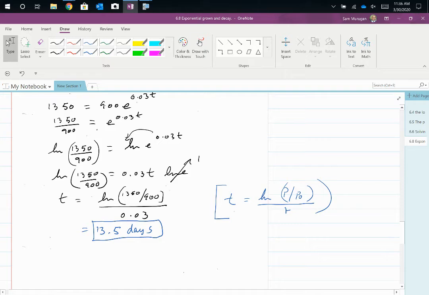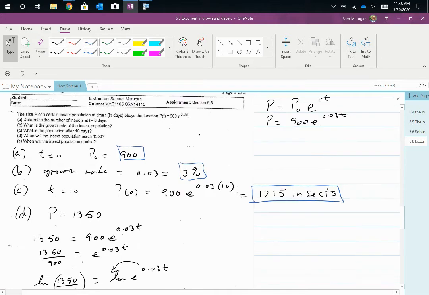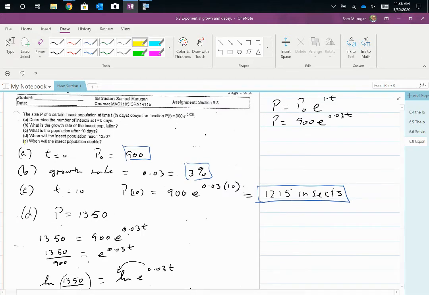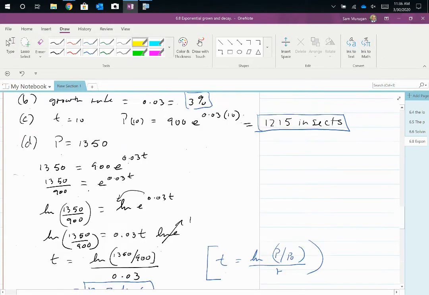So the nice part of this is that they're asking you in part E, when will the insect population double?